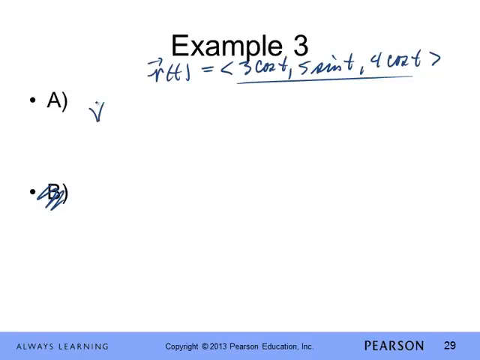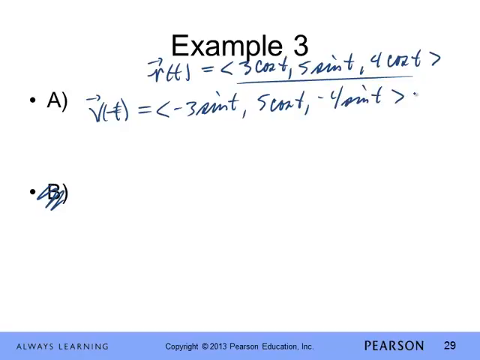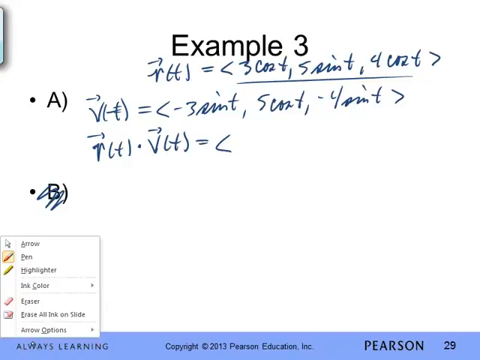Well, let's calculate the velocity v of t, and that's going to be negative 3 sine of t i hat plus 5 cosine t j hat minus 4 sine t k hat. And then take the dot product of r with v. Now, we're talking 3 cosine t times negative 3 sine t. So, hold on here. This is just going to be a scalar, so we multiply and add.